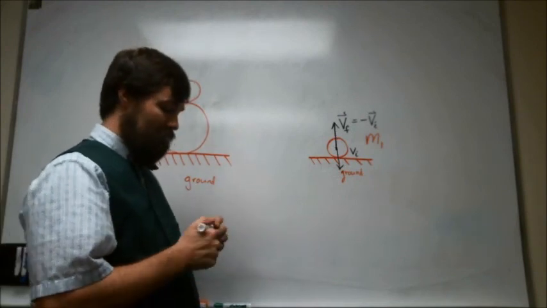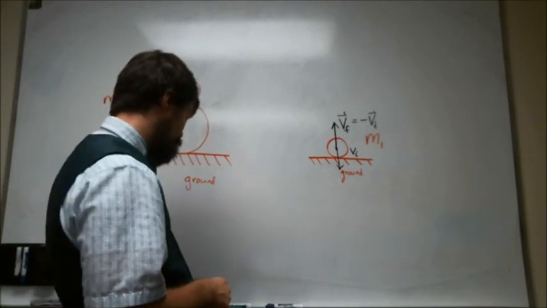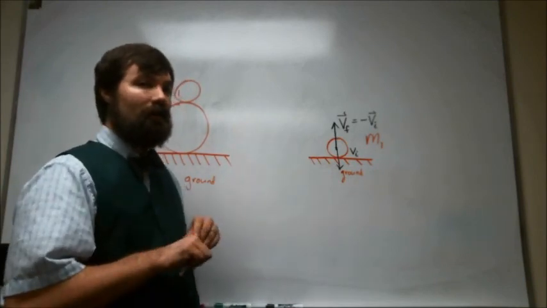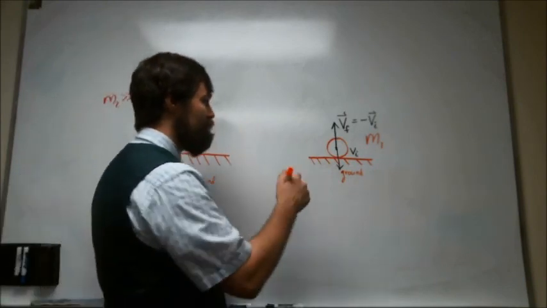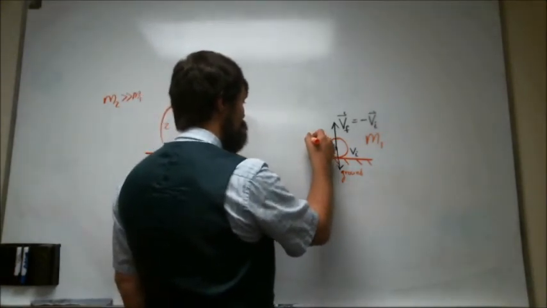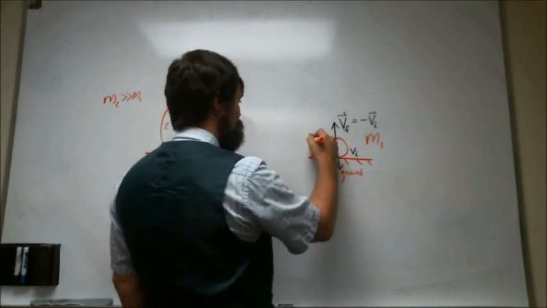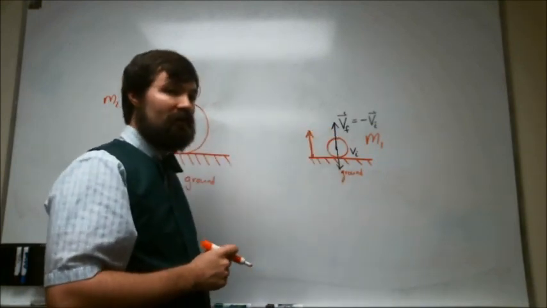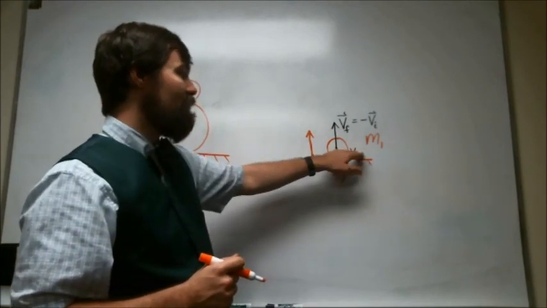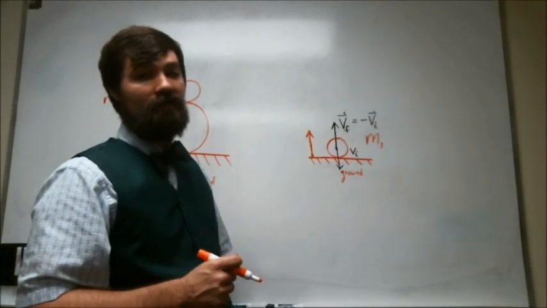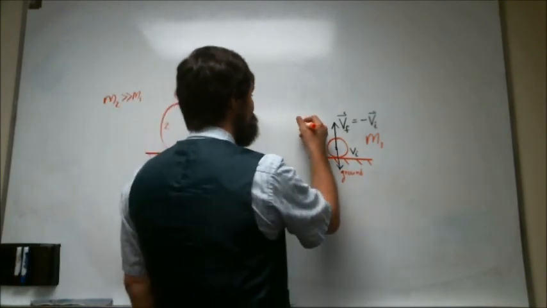If you wanted to switch it around and look at things from the perspective of the ball itself, initially the ground is going to look like it's rushing up towards the ball with some initial speed. That speed is going to be the same as the speed the ball is actually falling towards the ground with from the ground's perspective.